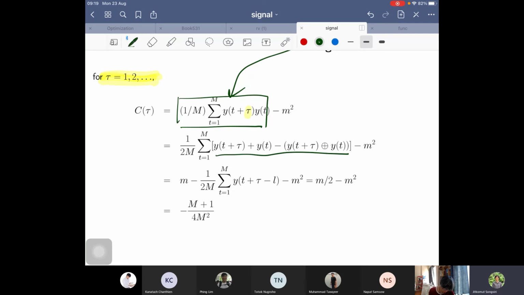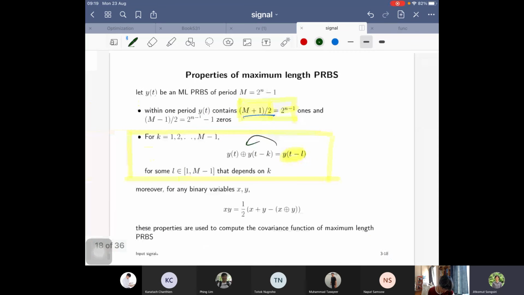This is what you have at the second step. Sorry, I think we apply the third one first. You have the product of two binary sequences, and you can express it as the right-hand side.